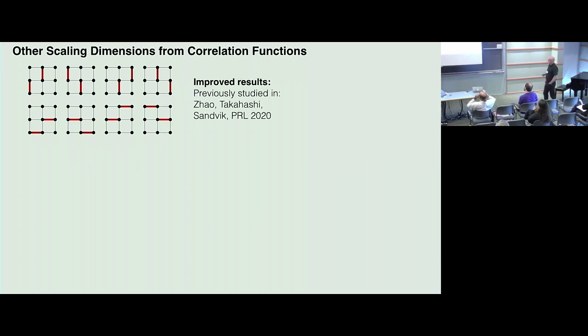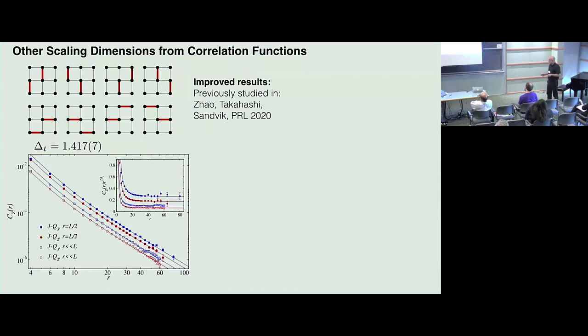And then we compute its correlation function, which we actually already did in this paper, where we in fact already proposed that there's multicriticality in the model, but we had misidentified one scaling exponent.